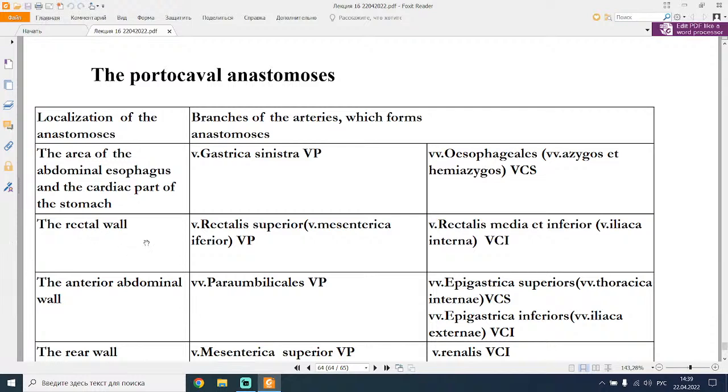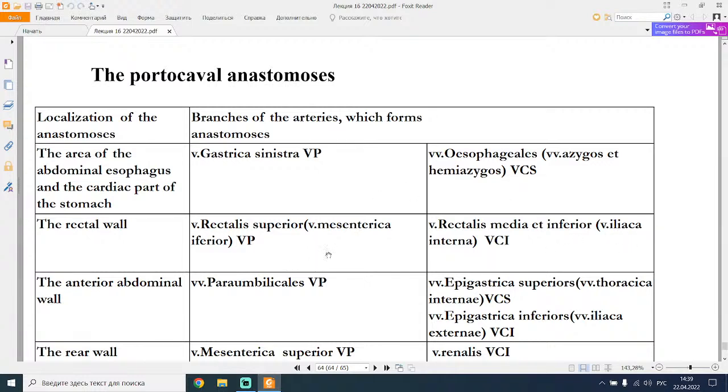On the rectal wall: vena rectalis superior, vena mesenterica inferior, and rectalis media et inferior, iliaca interna.